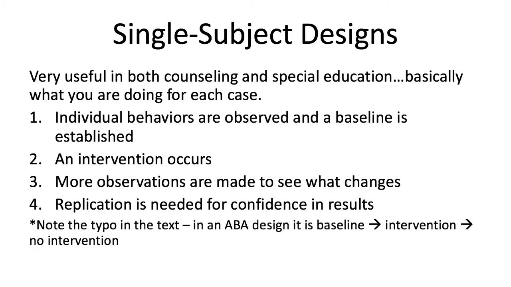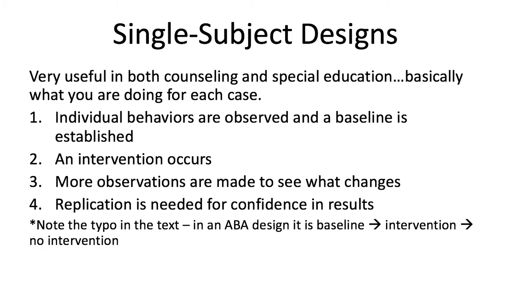Secondly, you need some kind of intervention to figure out whether it's going to impact the dependent variable that you measured in the baseline. Third, you need more observations after the intervention to see what changes while controlling for different environmental factors. Finally, replication is required for confidence in your results.